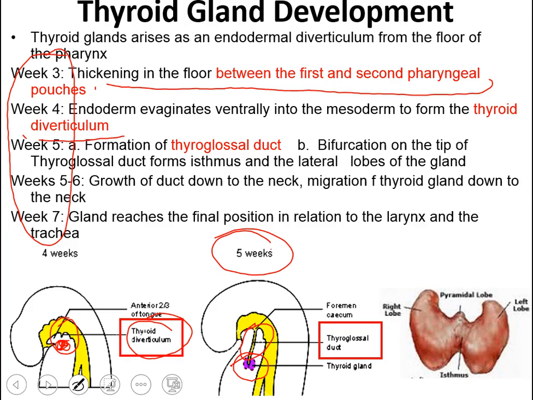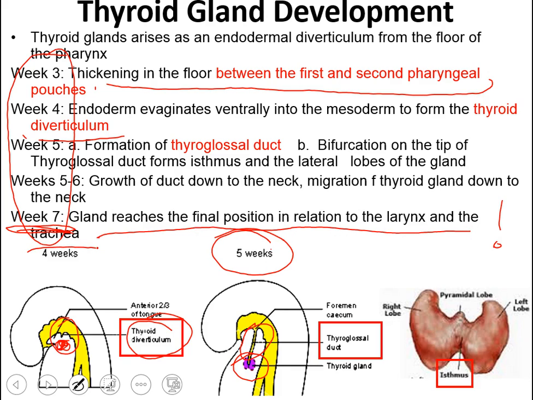From this, isthmus and lateral lobes of the gland develop, and these are actually the main anatomical parts of the gland, as you remember. Then thyroid gland migrates down to the neck, and by 7th week, it reaches its final position in relation to the larynx and trachea.